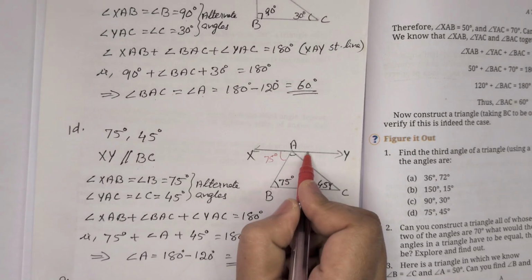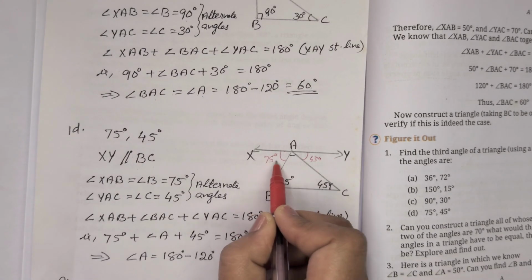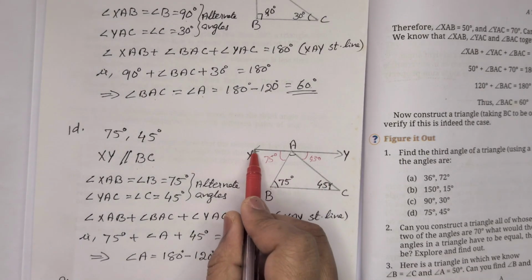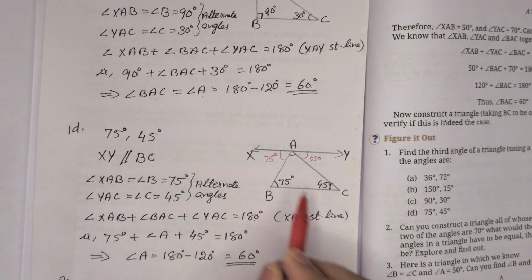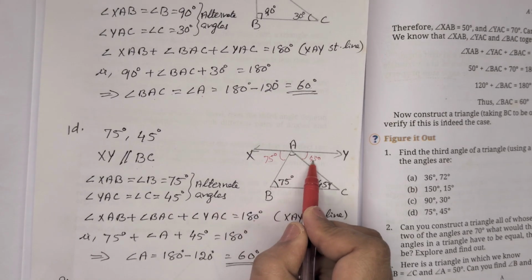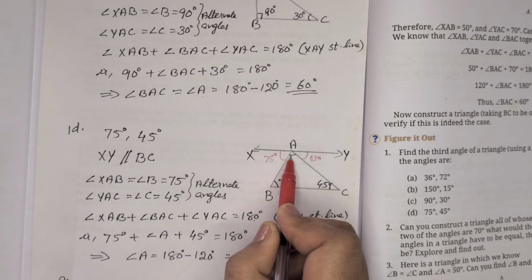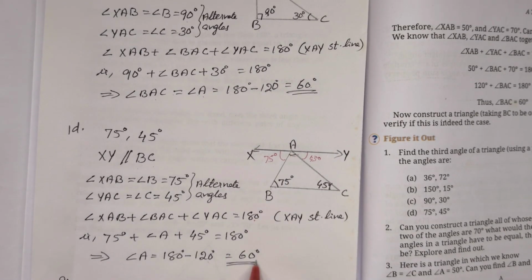Same way YAC. This is 45, this is also 45. Sum of all these three angles is equal to 180 degree because XAY is a straight line. Now 75 plus 45, that is 120. So this angle is equal to 180 minus 120, which is equal to 60.